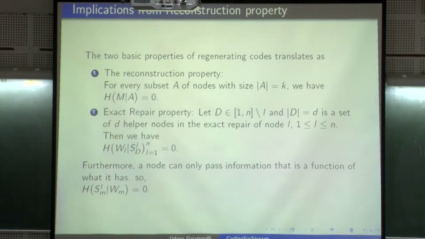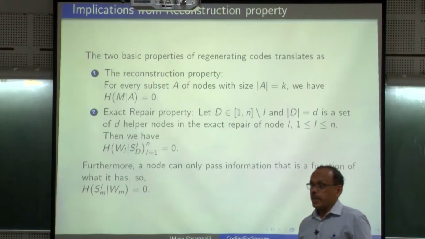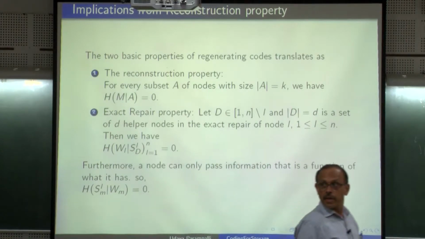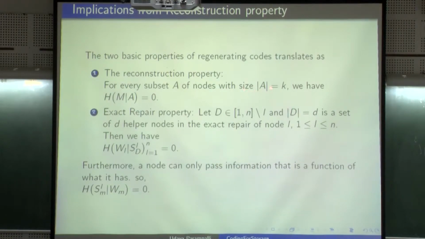From the regenerative principles, for every subset A of nodes of size k, the entropy of the file message given that subset should be 0. That means you have an MDS property: you take any k nodes. So for every subset A of nodes of size k, H of M given A is equal to 0.